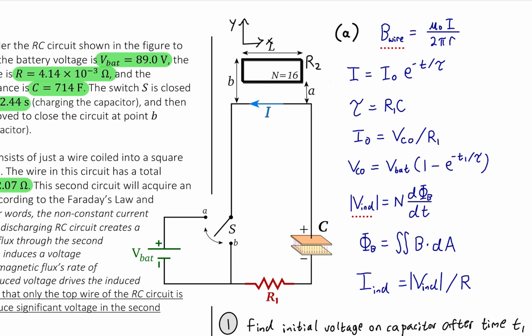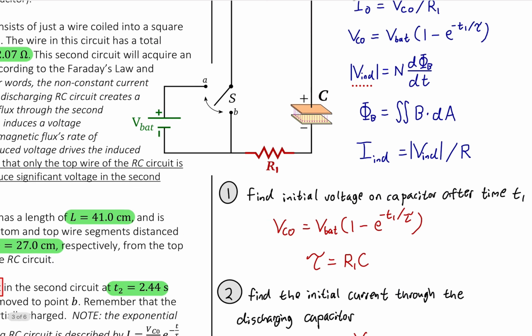So, starting at the origin, moving in the x direction, our limits are going to be 0 to L. And then our limits in the y direction are going to be from A to B. And that matters because we don't want to set the bottom side of the loop to be 0, because we have this weakening field that starts down here. So this needs to be our x equals 0. So if we consider we want our x equals 0 to be at the wire that's carrying the current from the discharging capacitor, and then I already said we want our y equals 0 to just be on the upper left-hand corner of our induced circuit.